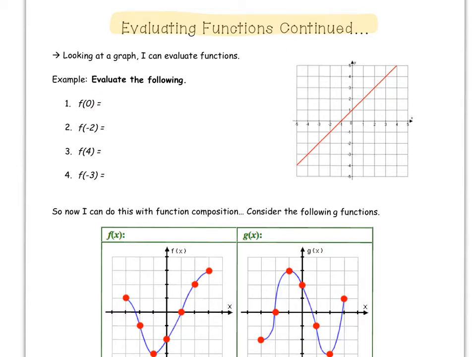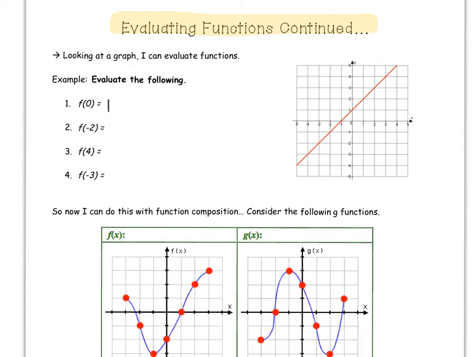So f of 0 is right here. Where does this line have an x value of 0? It has an x value of 0 right there. What's that value? It's 1. My y value is 1. So f of 0 equals 1.